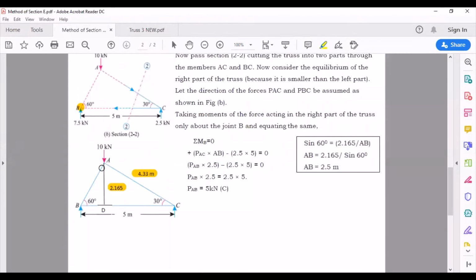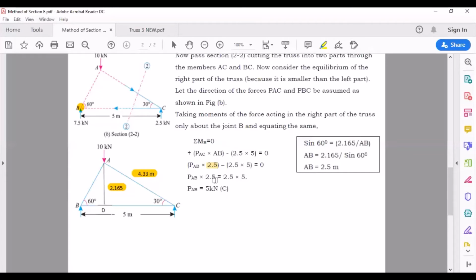I'm interested in this distance AB. I'm considering triangle ABD. Sine 60 is equal to opposite by hypotenuse, that is 2.165 divided by AB. If you rearrange the terms, AB will be equal to 2.165 divided by sine 60, which happens to be 2.5 meters. So I'll substitute AB as 2.5 meters.